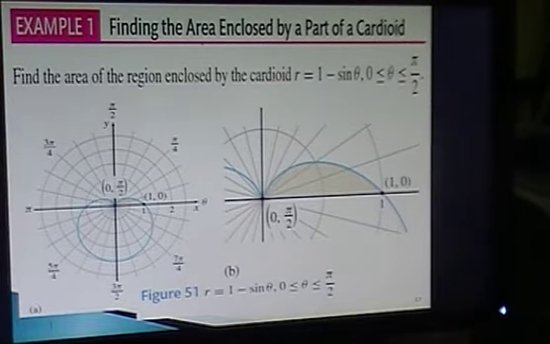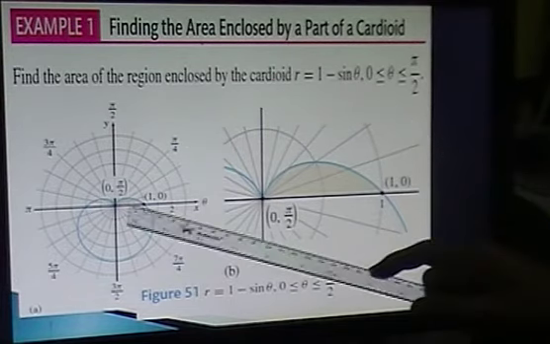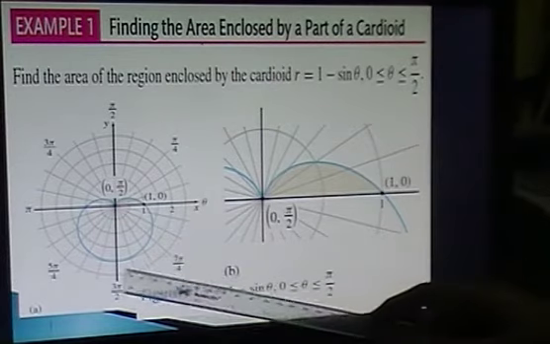In calculus 1, you already know that r equals 1 minus sin theta has the following graph, like this.